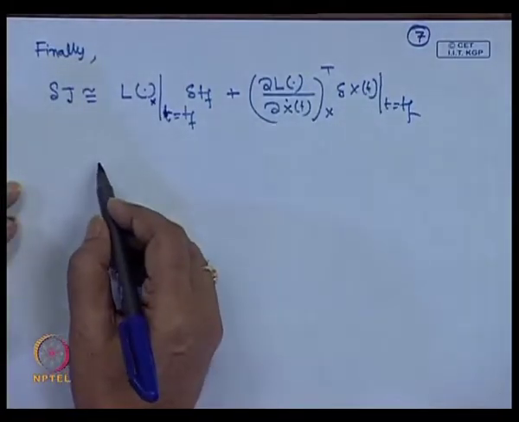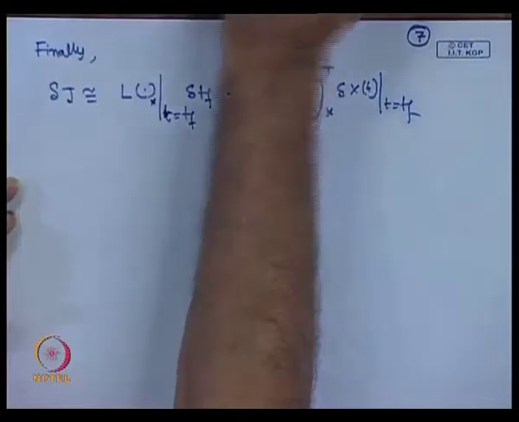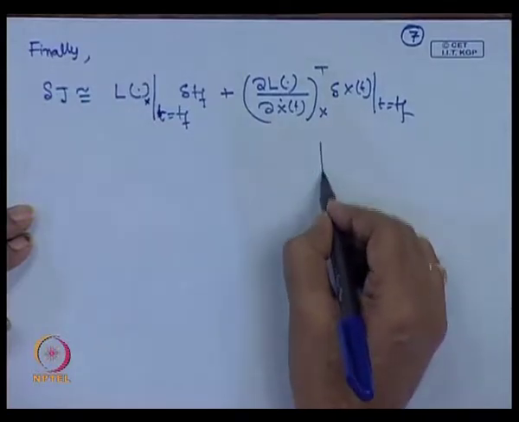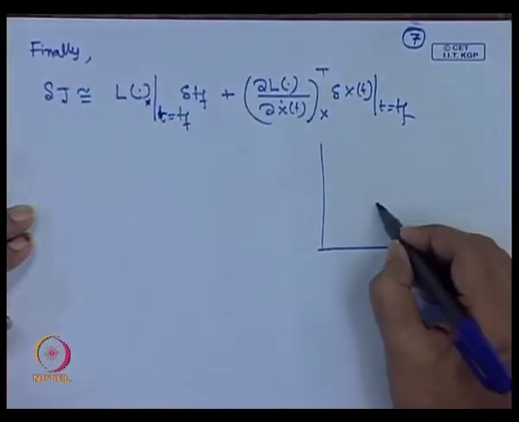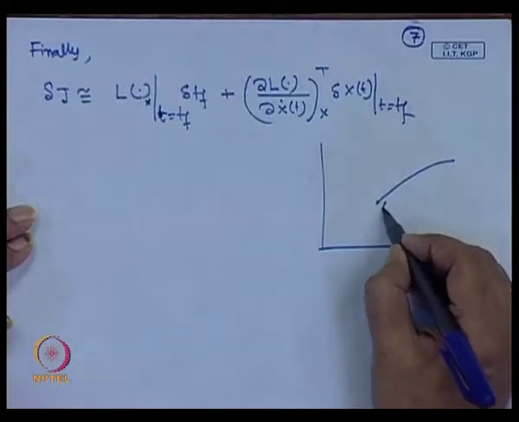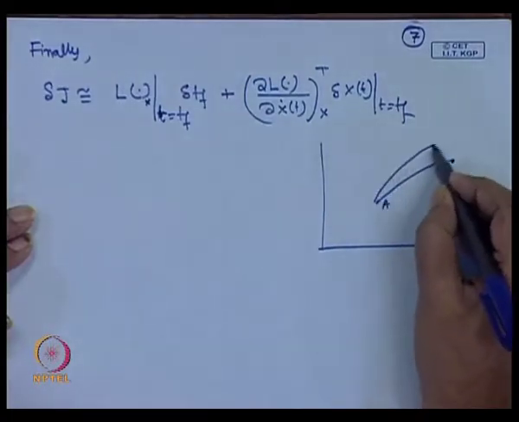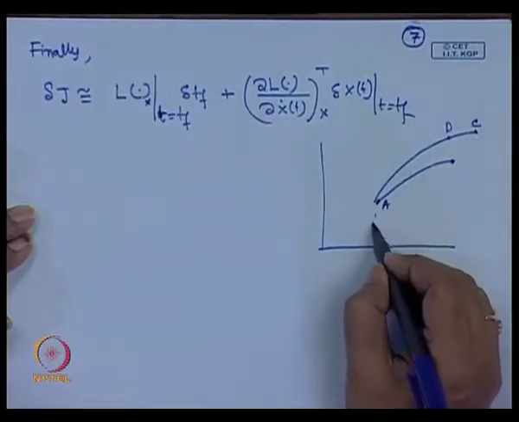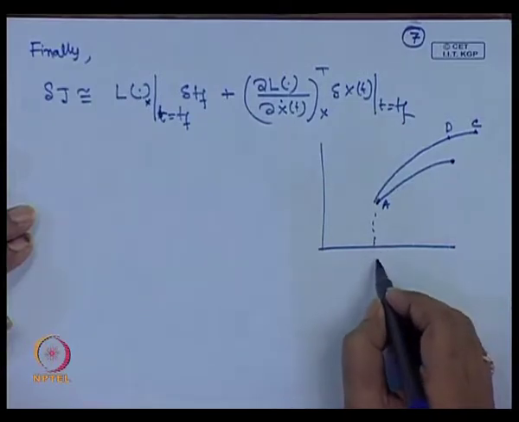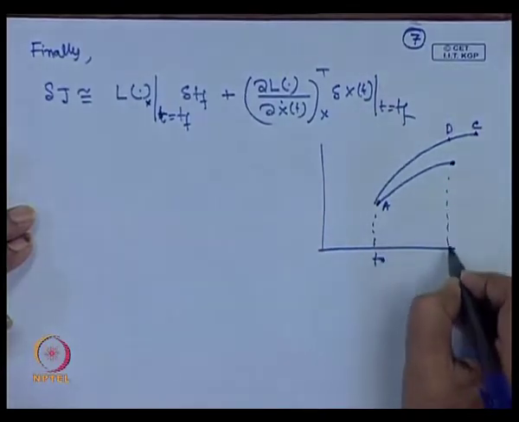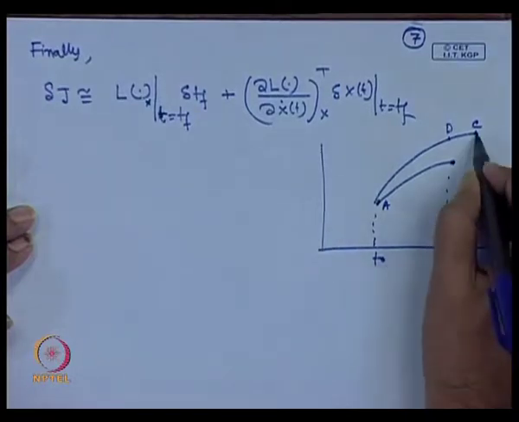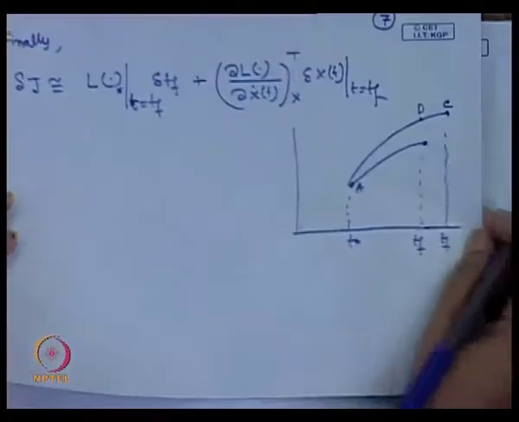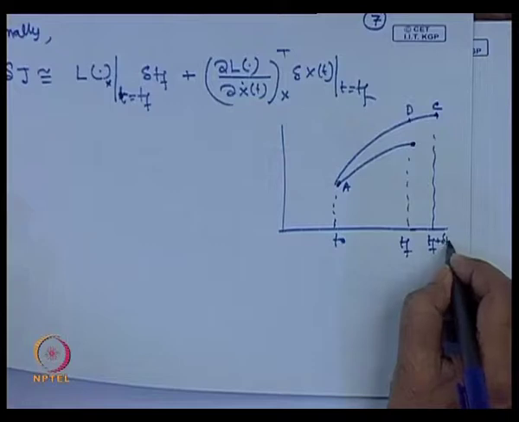Let us go back to our figure of the optimal trajectory. This is our A, this is our B, this is our D, and this is our C. This is T 0, this is T f, and this is T f plus delta T f.